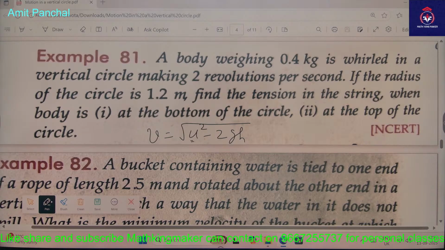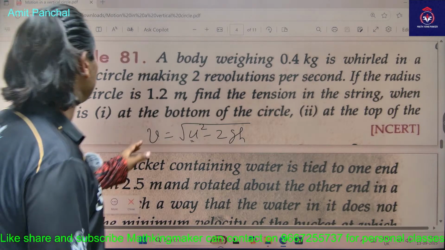So assume that the initial velocity would be the same for both of them. That means bottom velocity will not change, but you just said it will change. See, velocity at each and every point is changing.